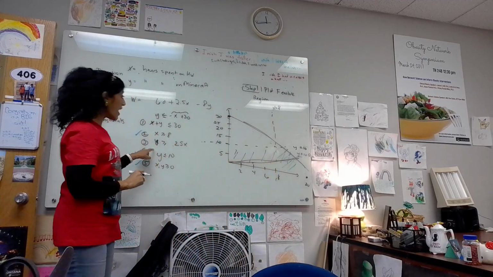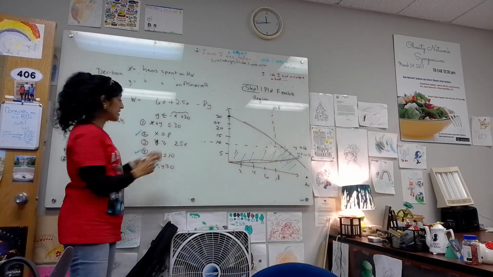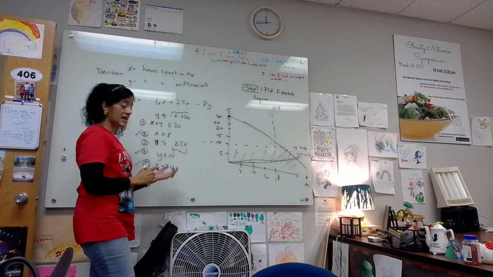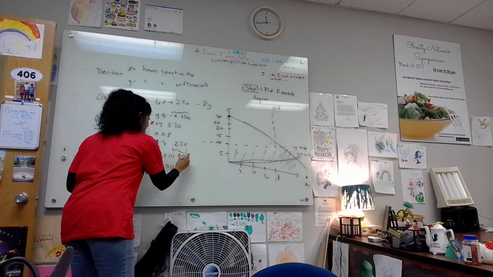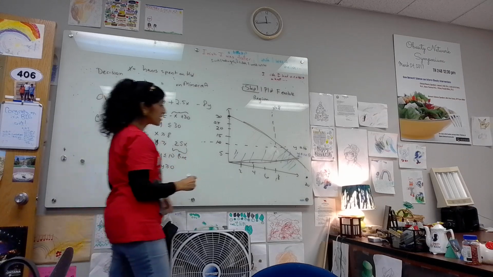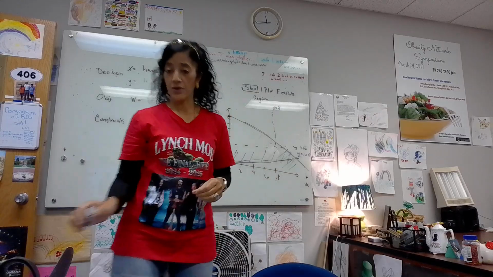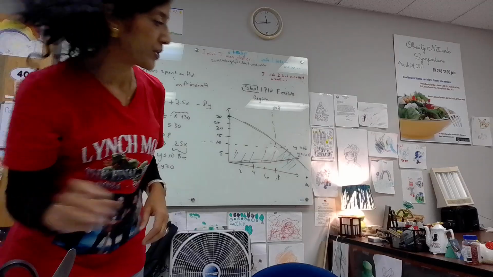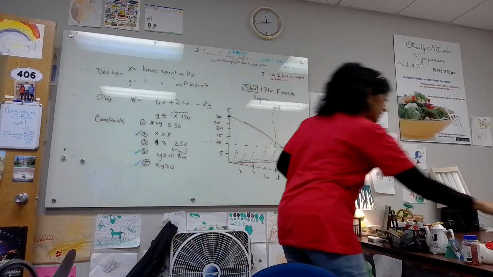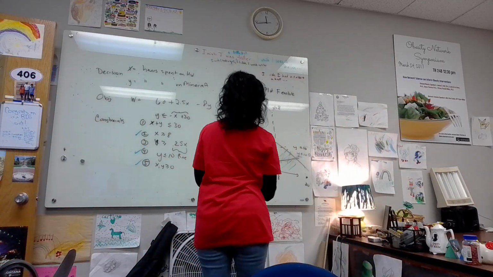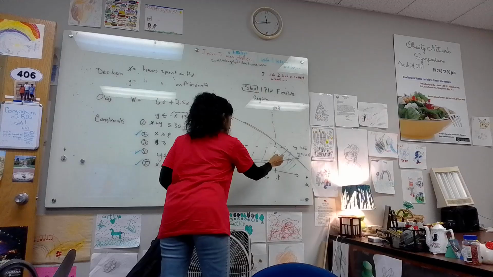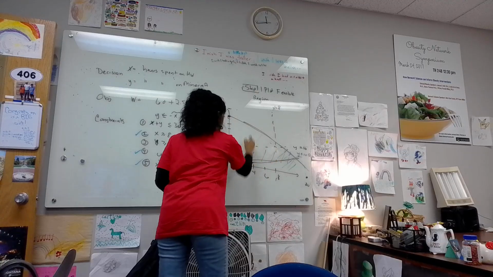And these are the y values that are bigger than the line. That's the line. The y values that are bigger than the line are above this line. So let me see if I have one more color. I have a green. So y values bigger than this line are this.